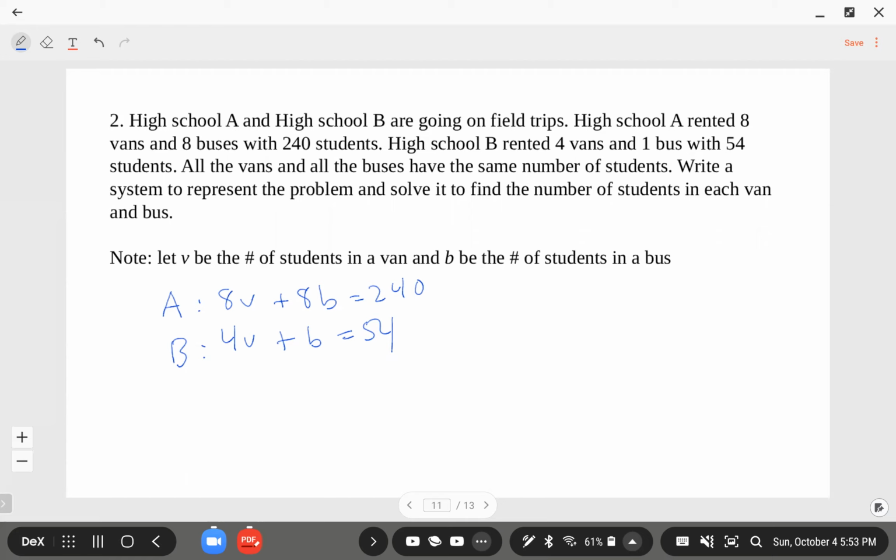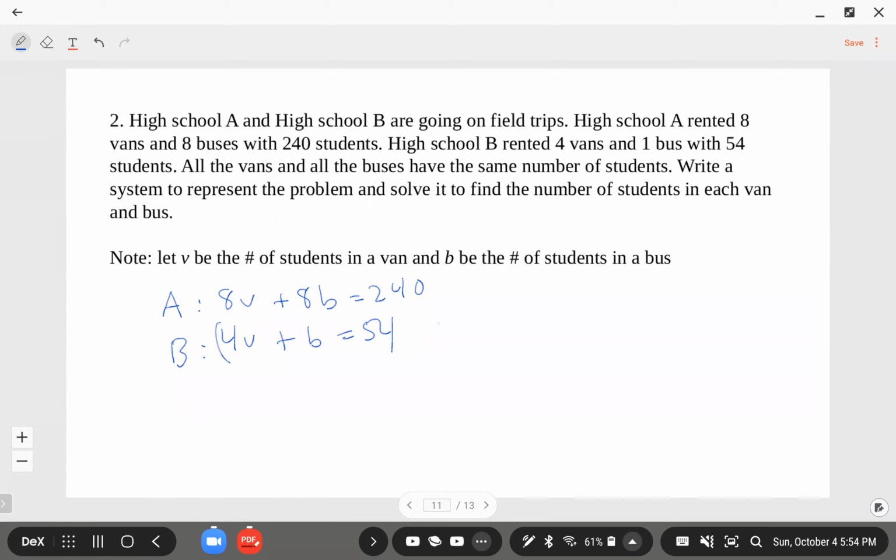Let's eliminate V. What is the least common multiple of 8 and 4? That would be 8, right? So you don't have to do anything to equation A. Let's multiply equation B by -2. Then you can add it, and then you can eliminate.